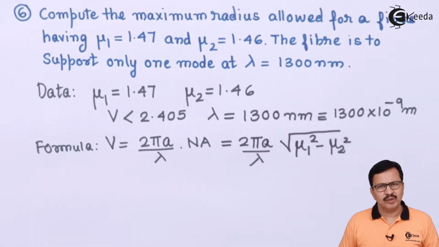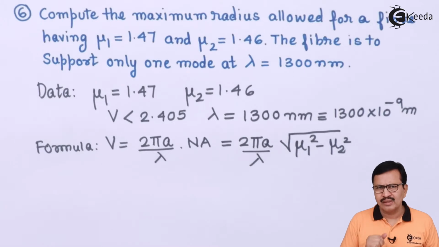Take a look at the problem and let us find out what it is asking you to do. It is asking you to find the value of A for this step index fiber, that is the value of the radius. So I have to convert this formula for V into a formula that will exclusively give me A, and this is what I do next.